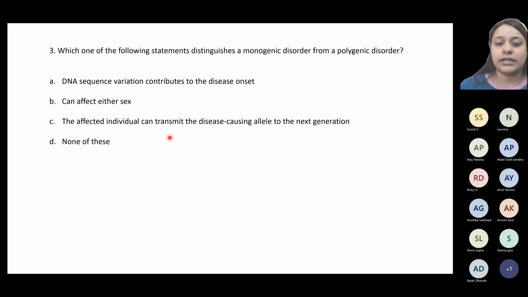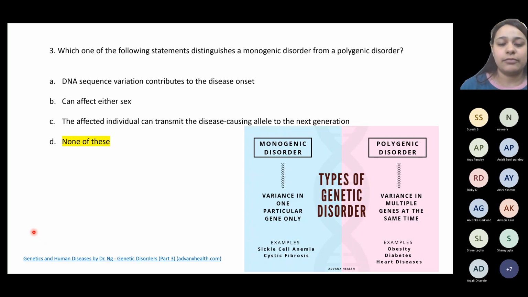C, the affected individual can transmit the disease causing allele to the next generation. Or the fourth option, which is none of these, right? So I think I don't need to give you time to assess this question. It was pretty straightforward, so we'll just come to the discussion part.